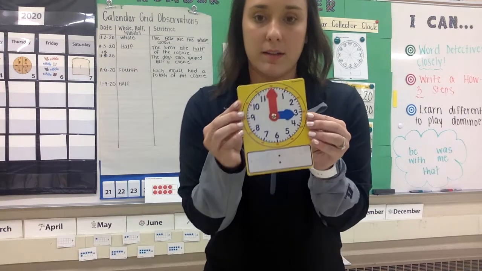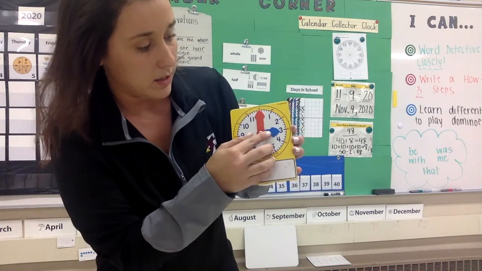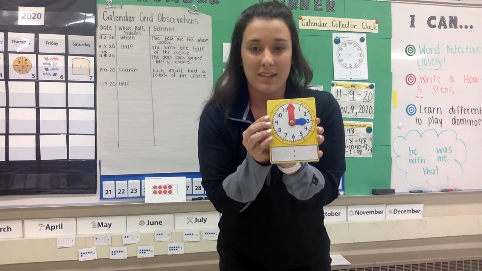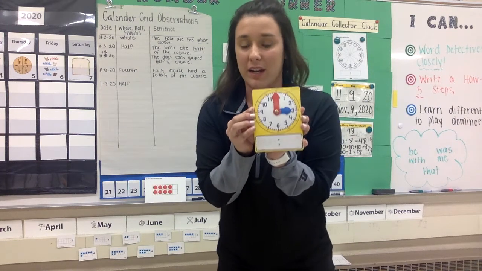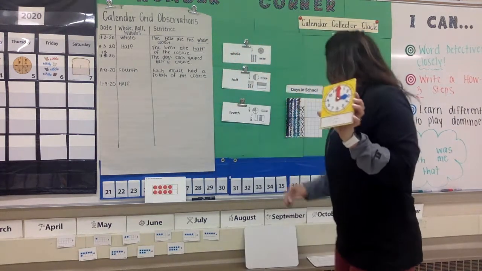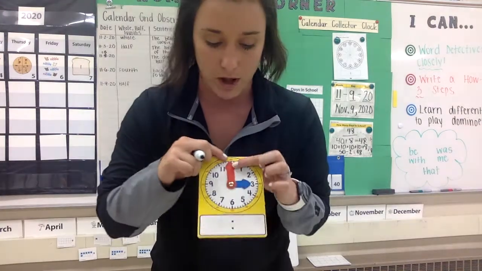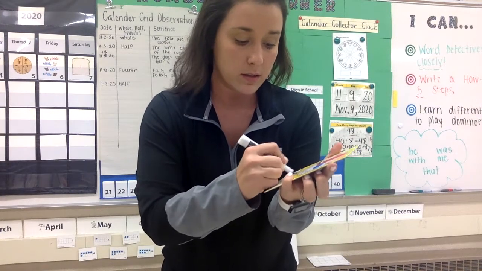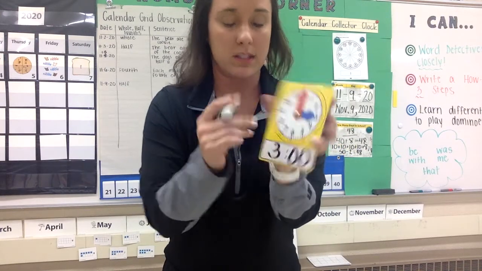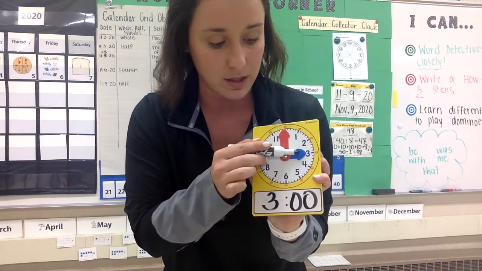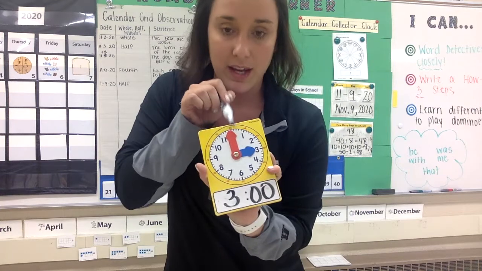So put your big hand at the 12 and little hand, which is your blue hand, at the 3. Think about what time that could be. Is there a number that you see there that it could be? If our big hand is at the 12, it is always the top of the hour. So this would be 3 o'clock because it's at the 3, your little hand, and the big hand is at the 12.